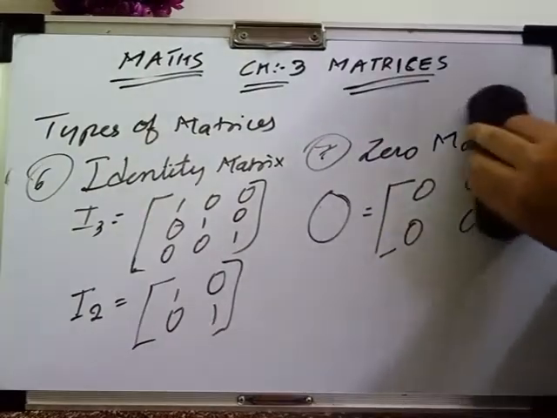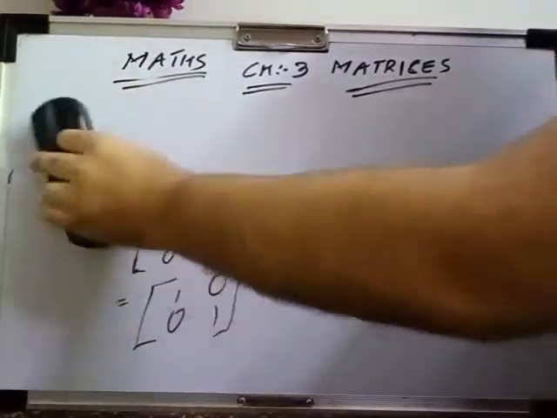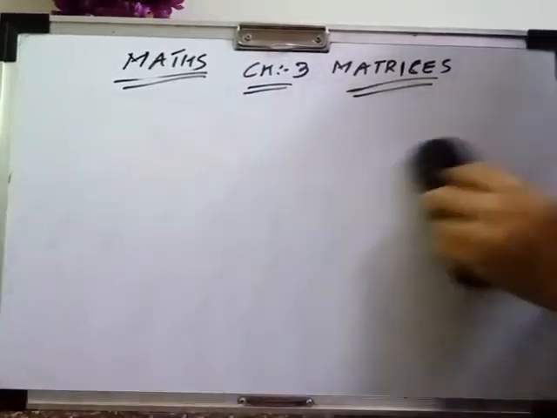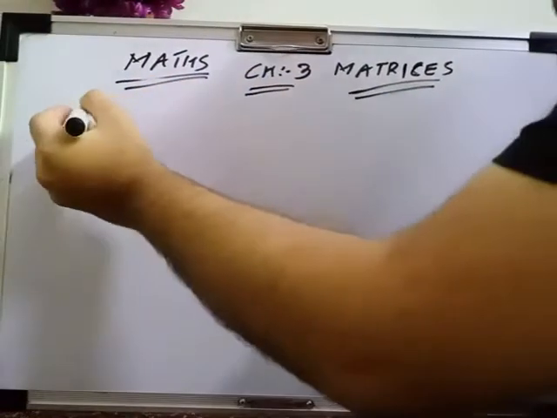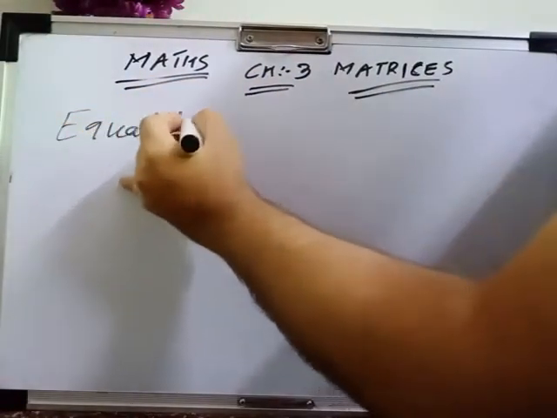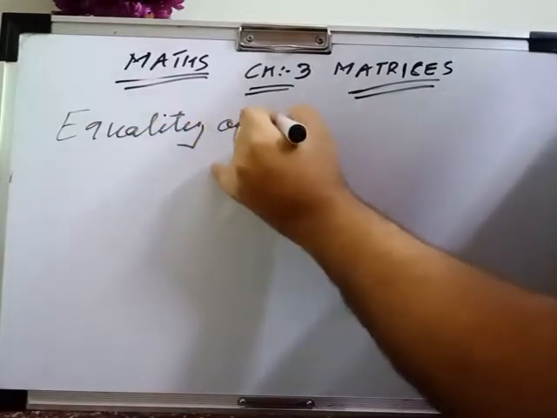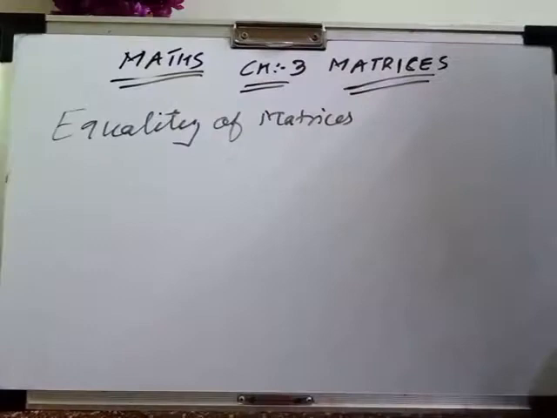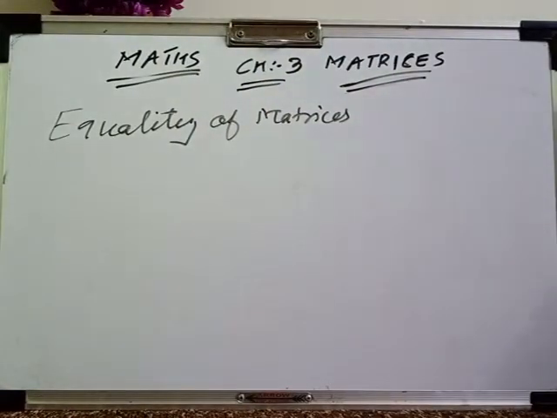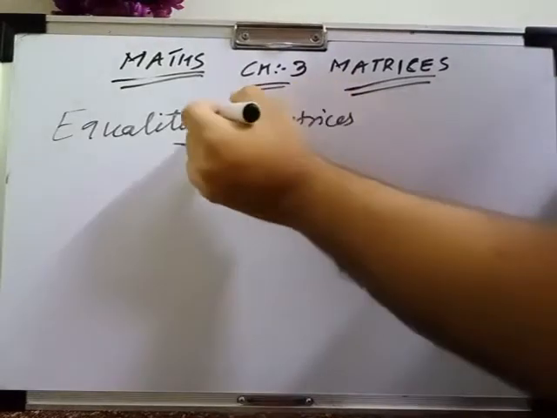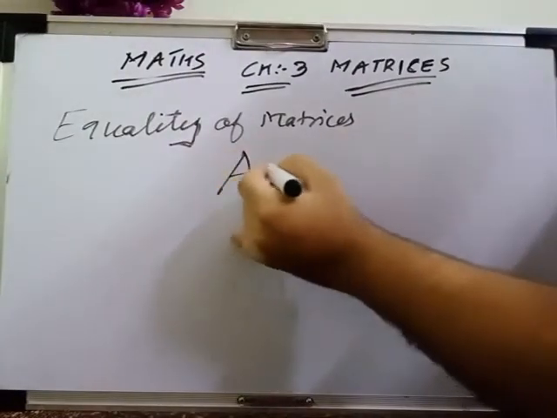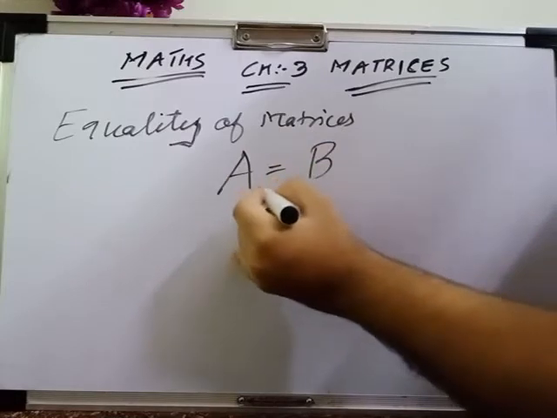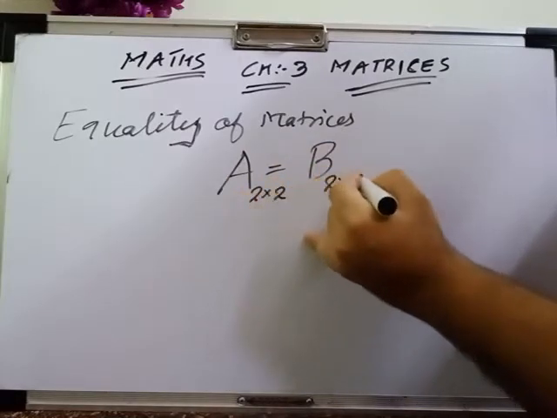Now let's try to understand equality of matrices. Here in equality of matrices we will discuss the comparison of two matrices, but always remember that equality will only exist if the order of the two matrices is the same.